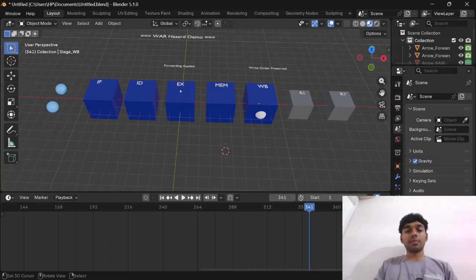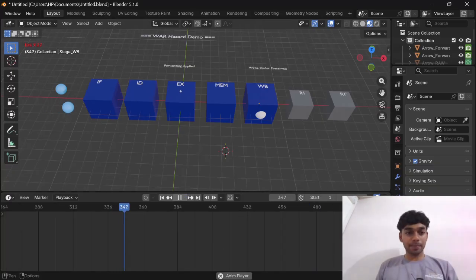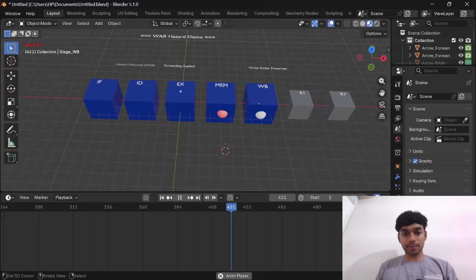One instruction is reading, and at the same time another instruction has to write back. So we can see that dependency arises. Let us see it practically. If I start, this is the first instruction, this is the second one. They both pass through all these phases here.